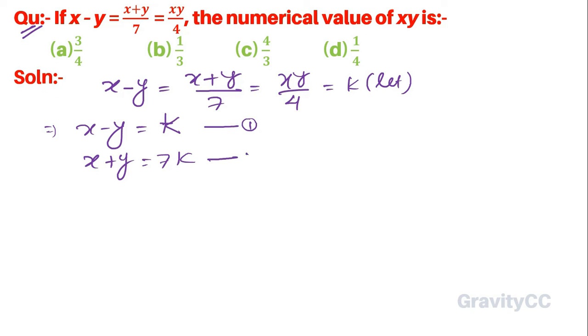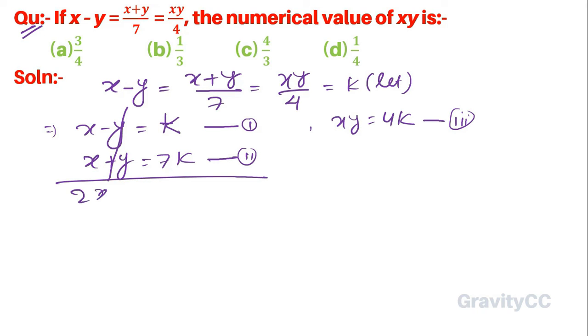Suppose this equation is first, this one is second, and xy is equal to 4k, this one is third. So adding equations 1 and 2, we get 2x is equal to 8k, so x equal to 4k.